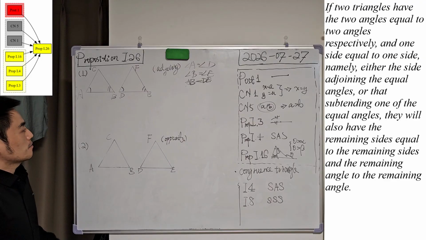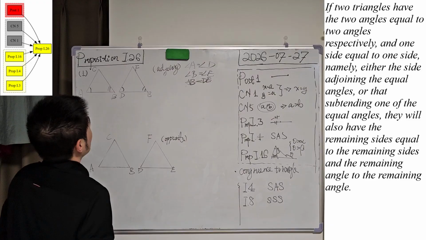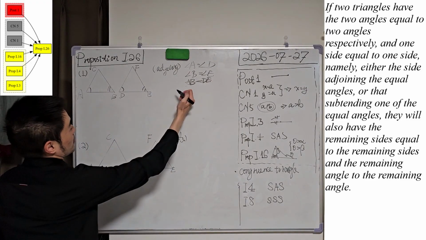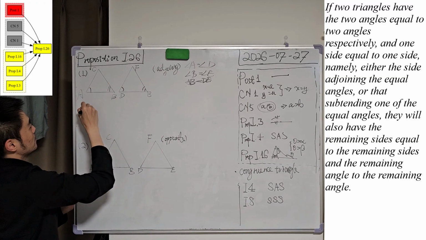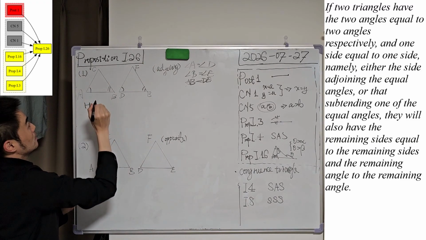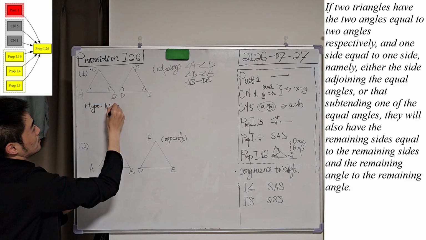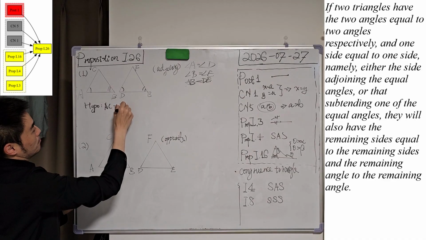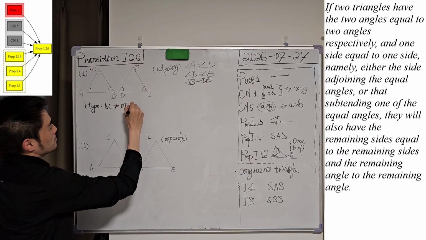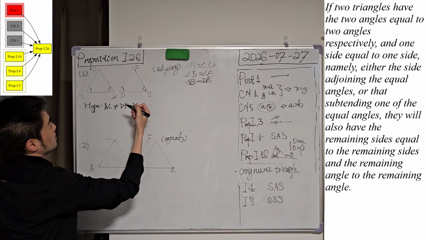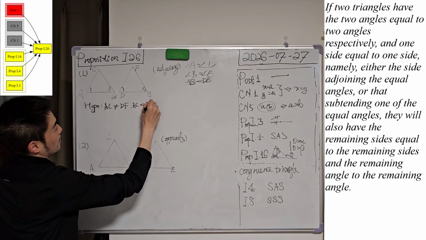We would like to use the method of contradiction again. Let's make a hypothesis here that AC is not equal to DF. For convenience, let's assume AC is less than DF.